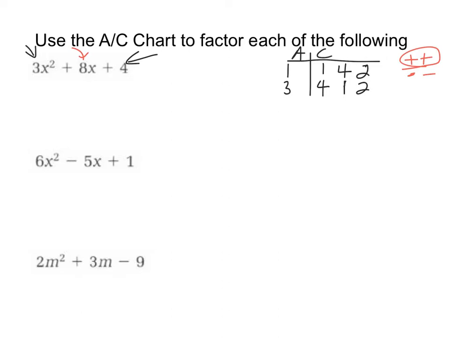We're going to do 3 times 4, which is 12, and 1 times 1. So we've got 12 and 1, which is 13. That's certainly not going to work. Then we start again and try the last one. 3 times 2 is 6, and 1 times 2 is 2, and if we added those together, we would get 8. So that one would actually work for this one.